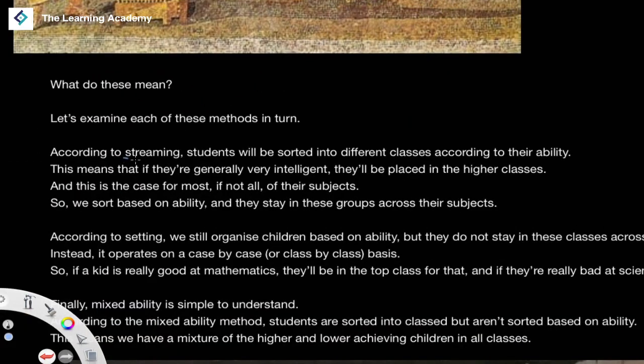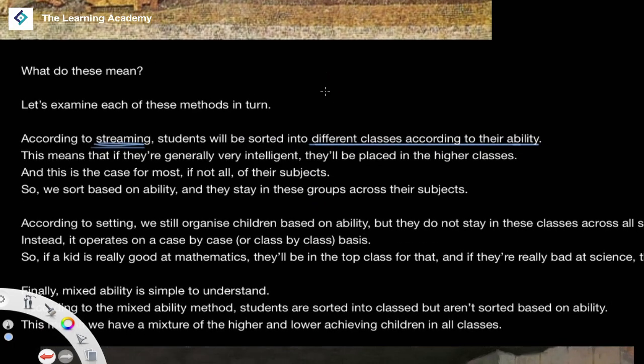The first method is the method of streaming. According to streaming, students will be sorted into different classes according to their ability. So we're doing an ability method of organising students.